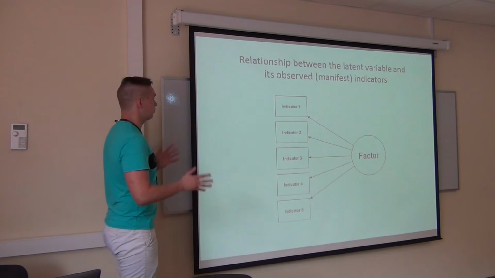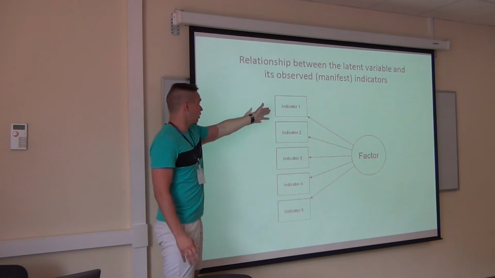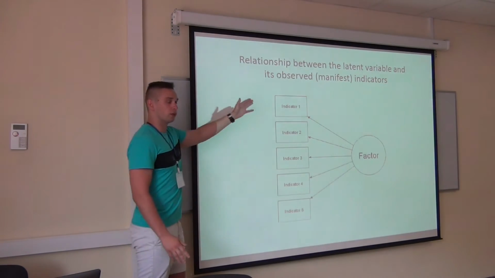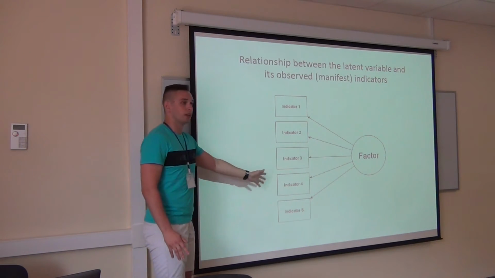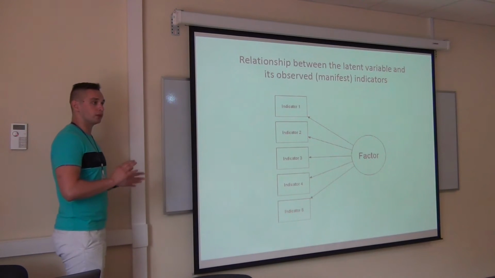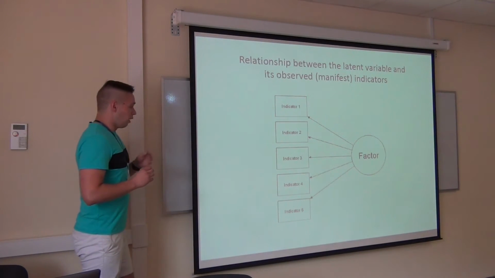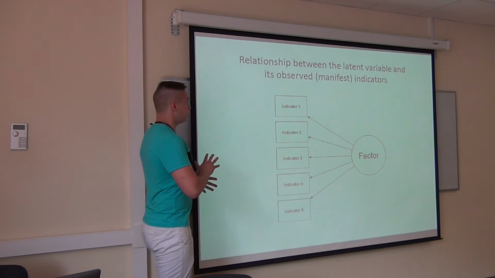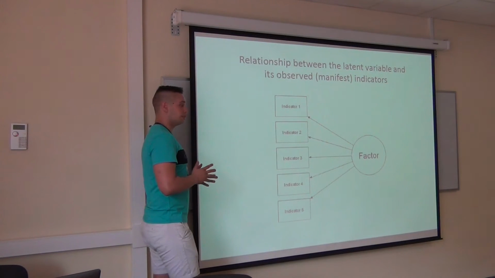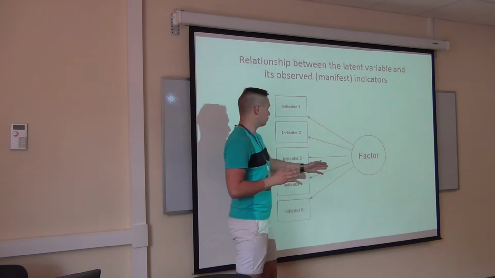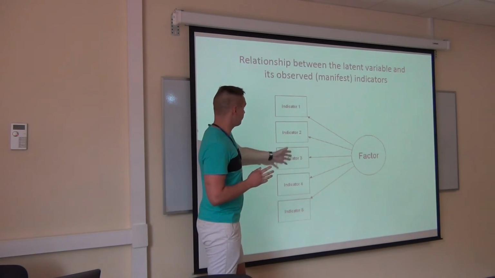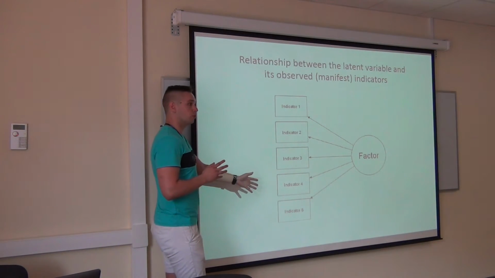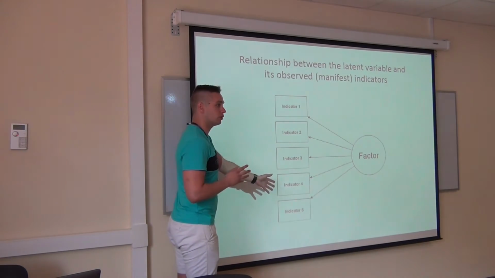We can give different names to them. Frequency of attending church services, believing in hell, believing in God, and some other. Frequency of praying, and so on. In the context of latent variable modeling, we assume that a latent variable, which is called, for example, religiosity, affects variation in observed indicators and also correlation between these indicators.